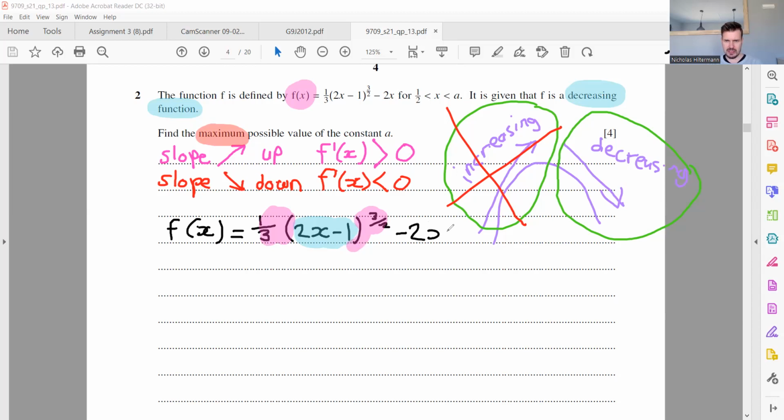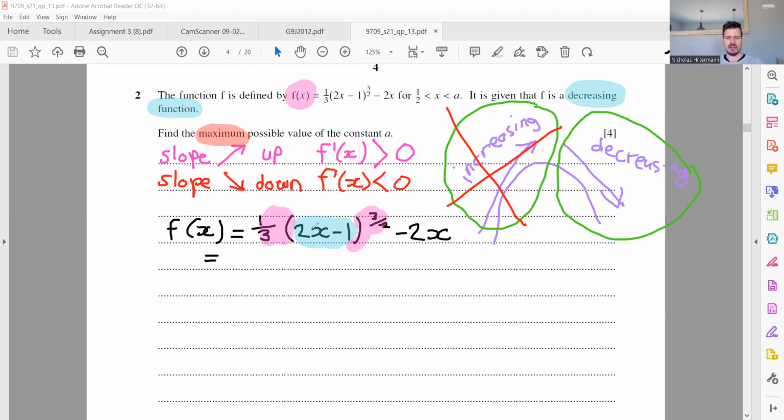And we're going to differentiate that. I'm not going to show you the formula. You can look up the formula for the chain rule. What I'm going to do is just do it in words so that we can avoid these confusing maths terms.